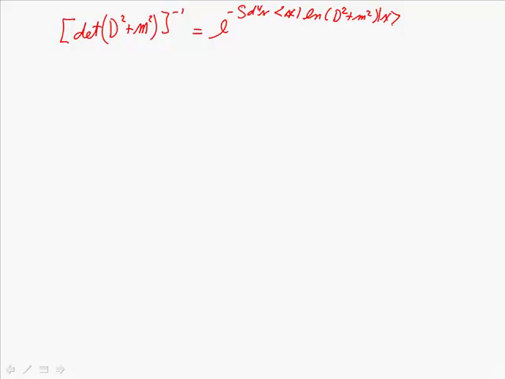What you find is that it picks up an imaginary part, which says that a constant electric field decays by pair production: you can produce electron-positron pairs and let the electric field decay. But anyway, there's a few cases with special fields where you can solve that.